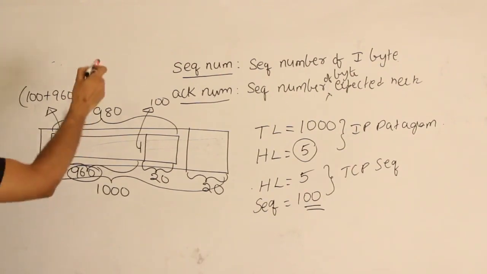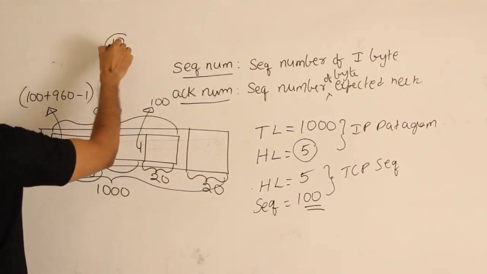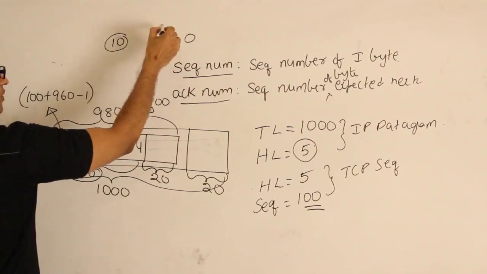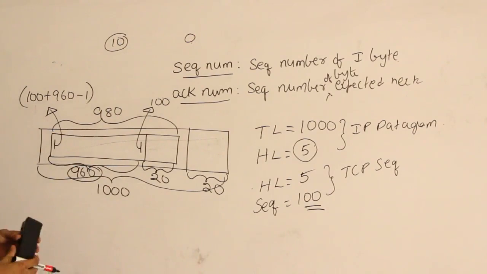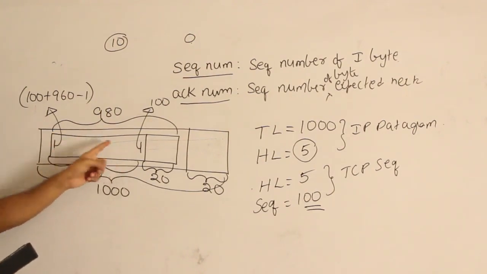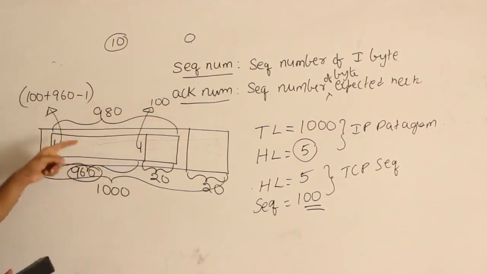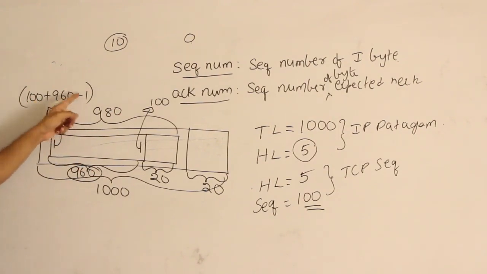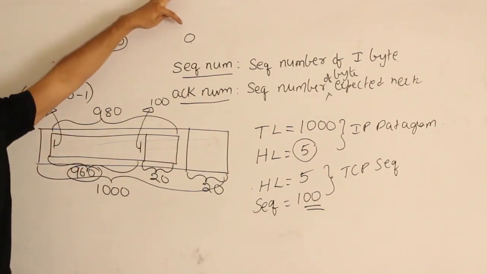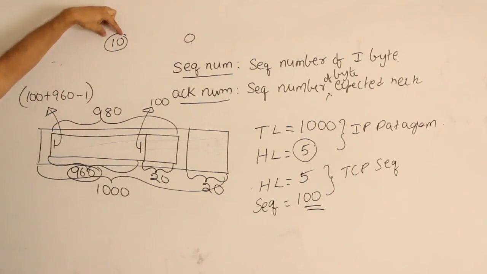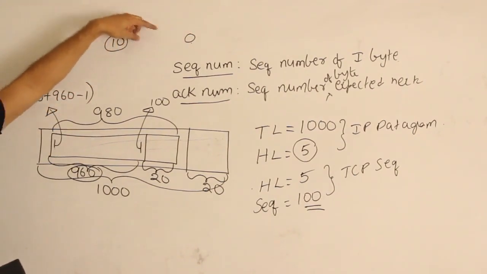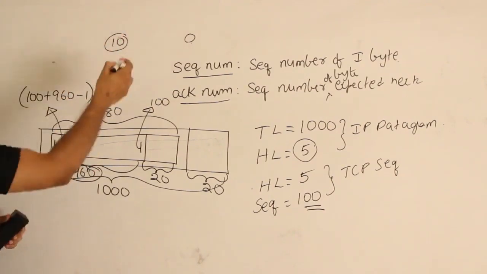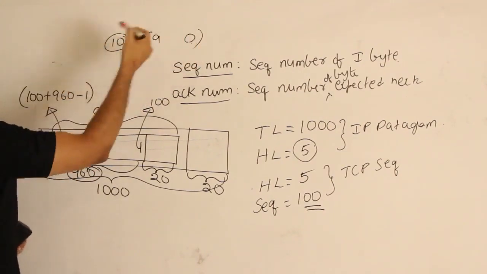If I have 10 numbers and the first number is 0, then the last number is 0 plus 10 minus 1, which is nothing but 9. Similarly, if I have 960 numbers and the first number is 100, then the last number is 100 plus 960 minus 1. So that is how I got this.